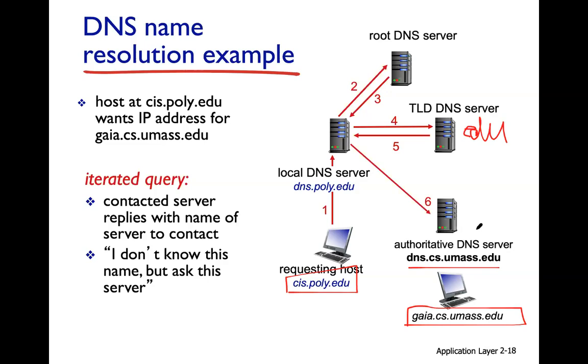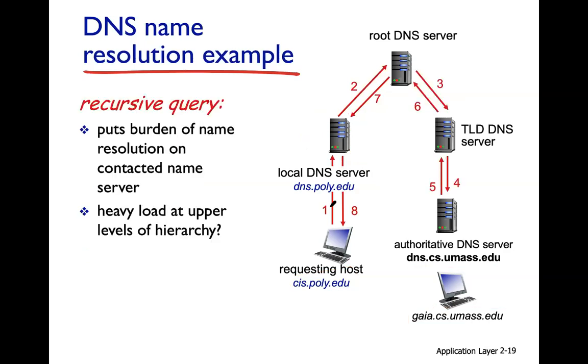Then it will send a request to this authoritative DNS server, and then we go back. The last portion is that the local DNS server will tell the requesting host the IP address for the destination. You will see that this local DNS server will be very busy because it keeps asking different servers and getting the information.